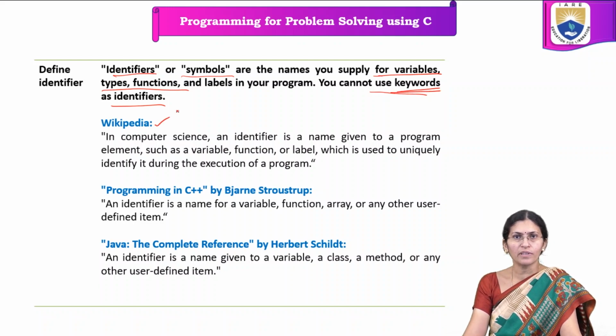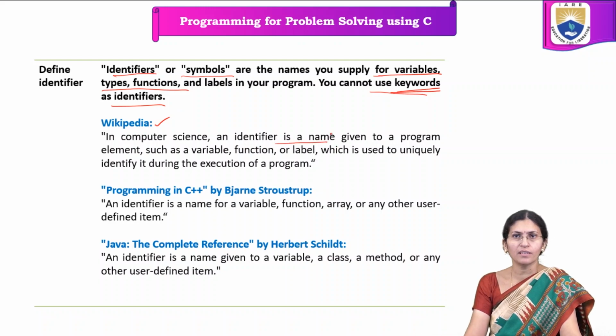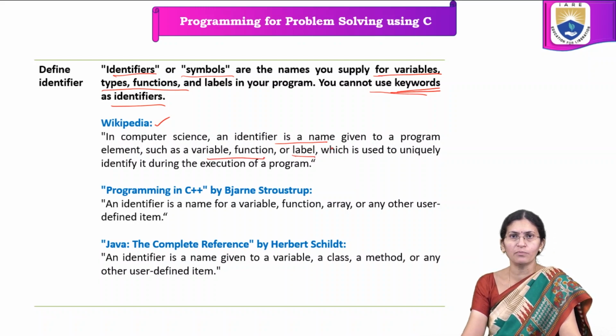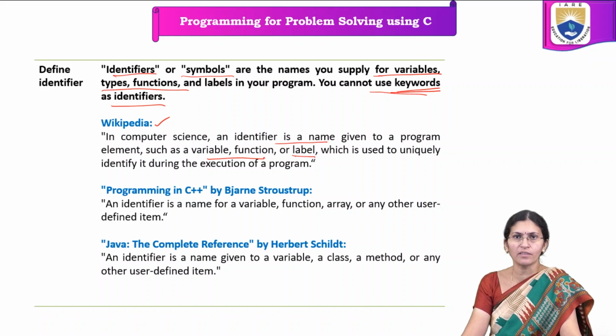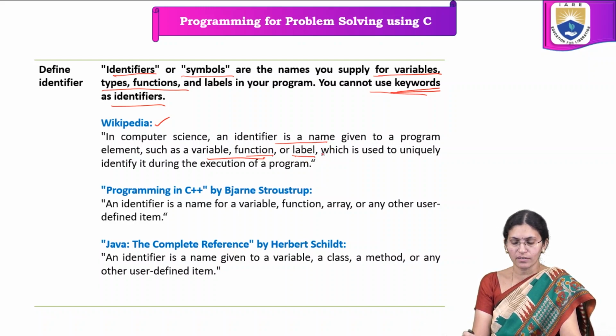According to Wikipedia, in computer science, an identifier is a name given to a program element such as variable, function or label. In any programming language, we have various concepts like variable, function, labels, enumerator. For those concepts, we need to name them.